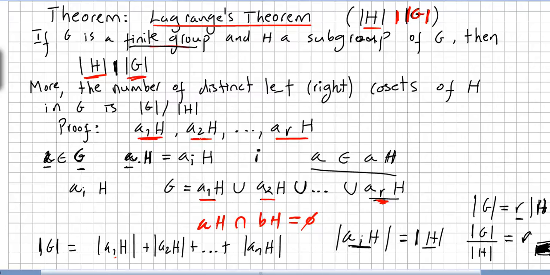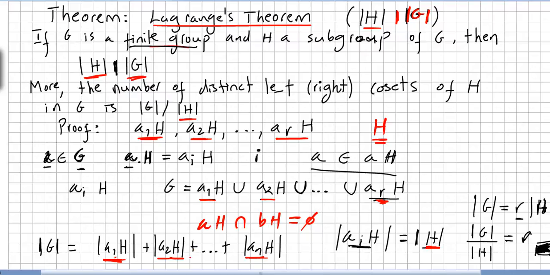So any left coset will have the same number of elements as H. Any left coset will have the same order as H. So all these left cosets have order H. They all have the same order. We saw that in previous videos.